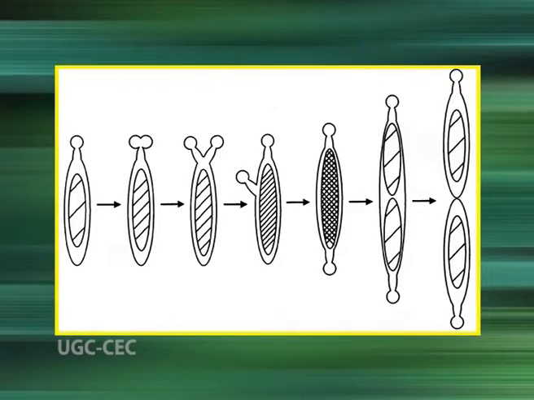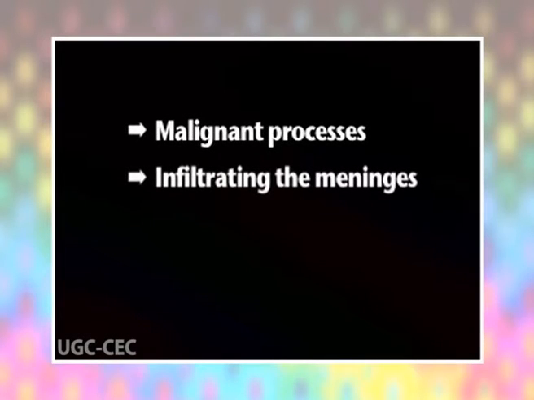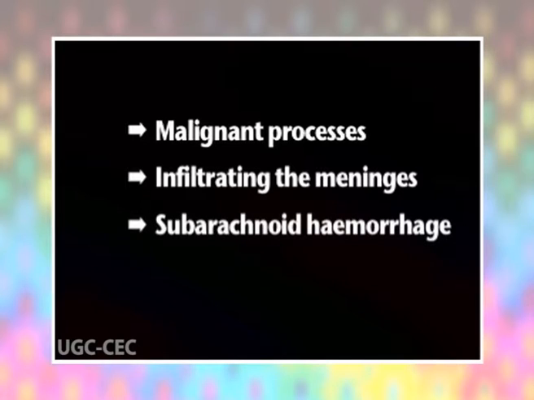Low CSF glucose concentrations can also be observed in CNS infections due to pneumonia and non-infectious processes including malignant processes infiltrating the meninges, subarachnoid hemorrhage and CNS sarcoidosis. However, CSF glucose concentrations less than 1 mmol per liter are strongly predictive of bacterial meningitis.